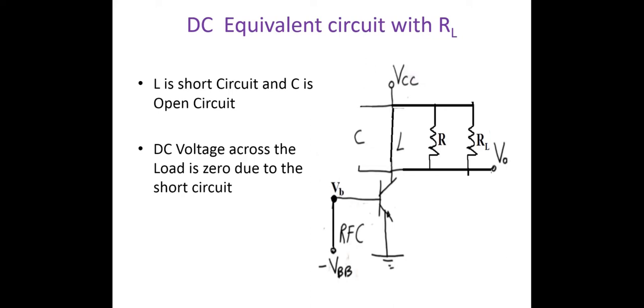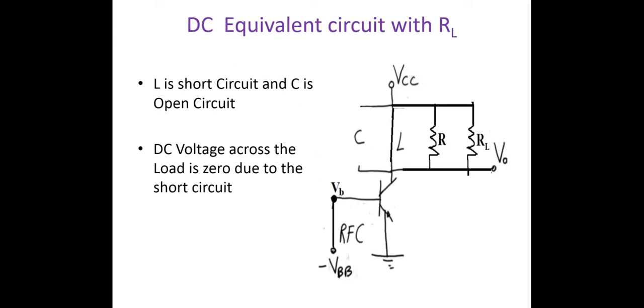So here you can see the DC equivalent circuit of the class C amplifier. The capacitor in the LC circuit will be open circuit, whereas the inductor will be short circuit, and as the inductor is short circuit, you have zero voltage across the resistance.